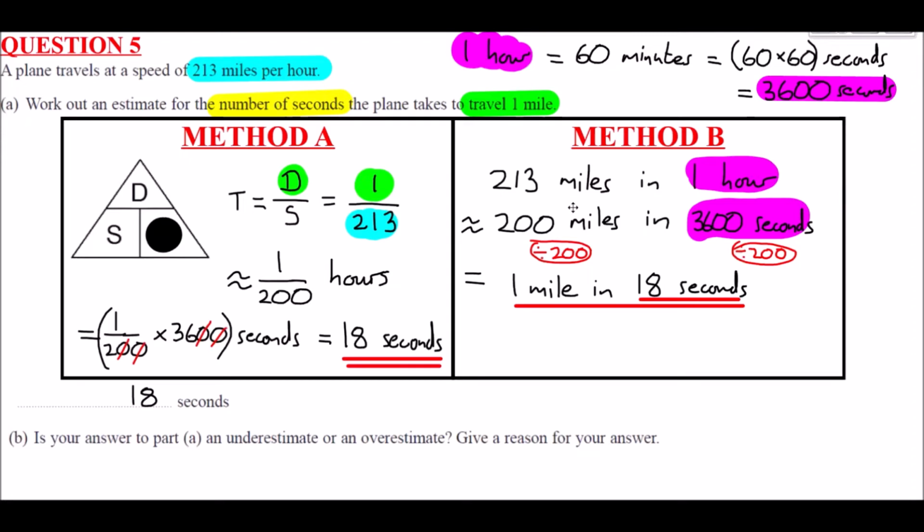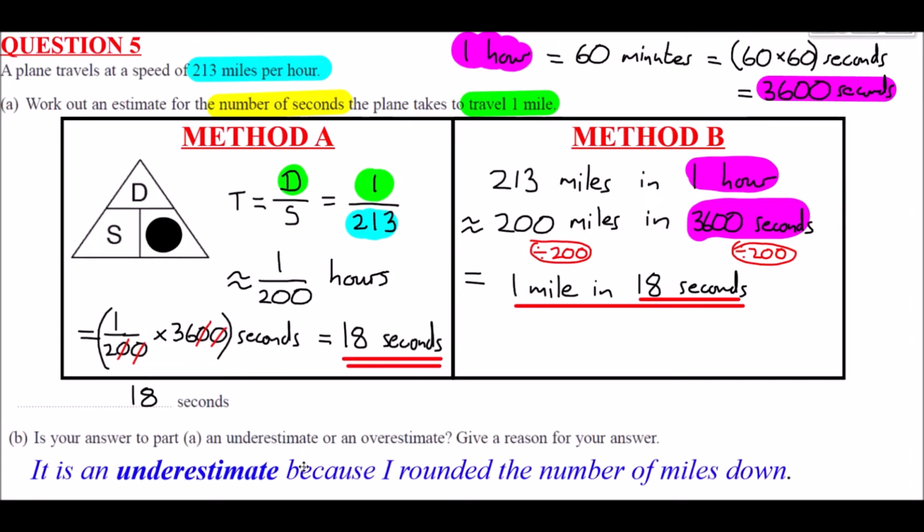We're estimating it to be slower than what it actually is. So because our estimate is based on the plane travelling slower than in reality, that means it takes longer to cover that distance than what it actually would do in reality. So 18 seconds is actually an underestimate.